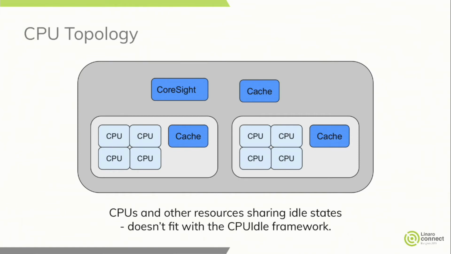So when we looked at this a couple of years ago, we realized that the CPU idle framework is not really a good fit for it. We need some kind of extension to deal with these kinds of topologies from the CPU idle and the cluster idle point of view.